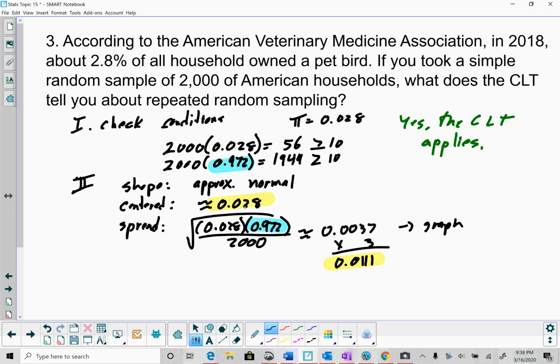So the 0.028 plus 0.0111, and we would go out on the upper end here to 0.0391, and take 0.028 minus 0.0111, and the lower end should be at 0.0169.